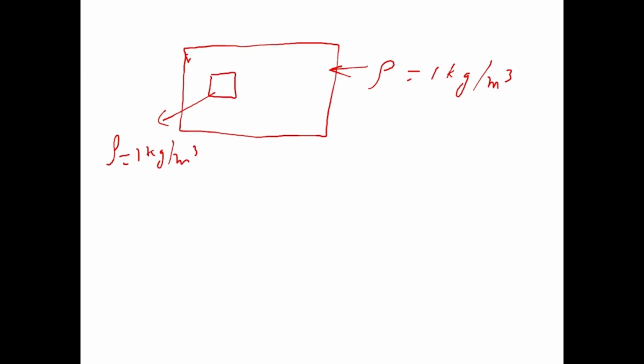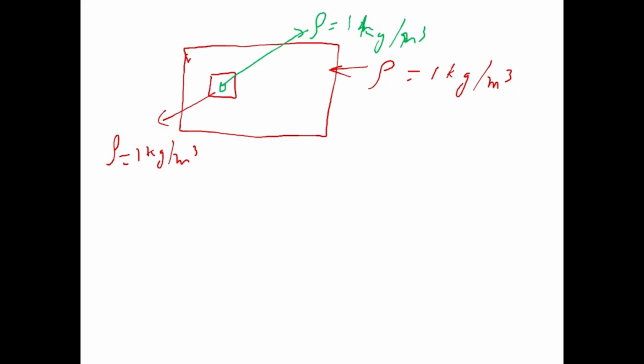Now to make things clearer, let me change the color of my marker pen. If I reduce the volume that I'm looking at to this tiny bit, what is the density? You will say it is still 1 kilogram per meter cube.